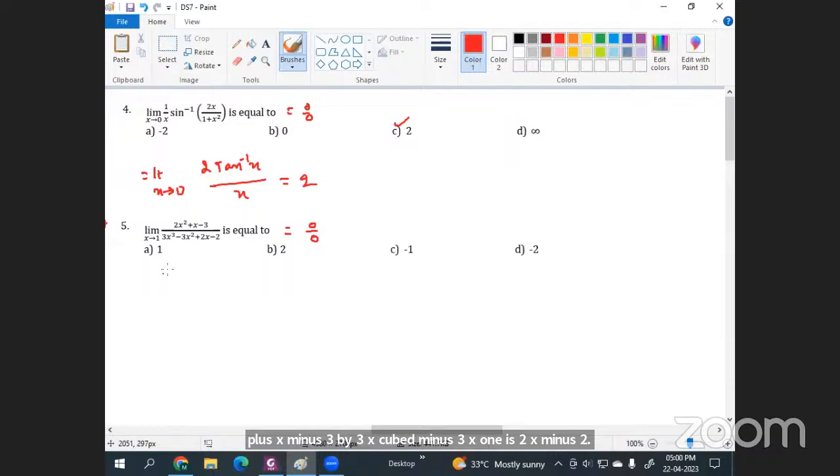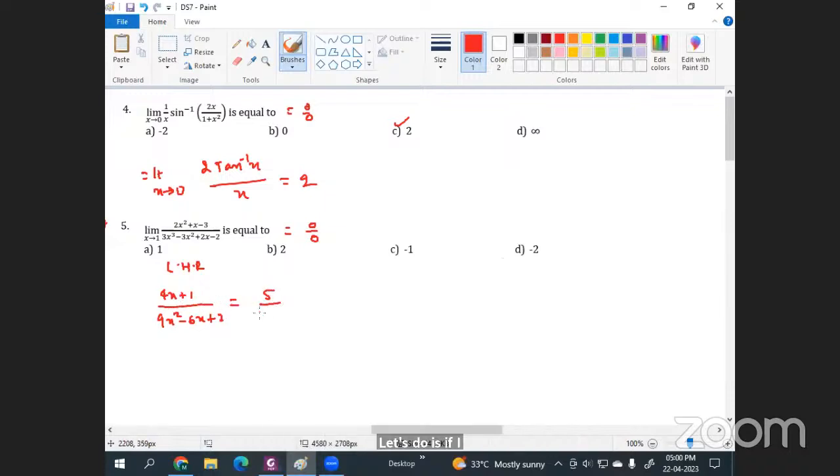Apply L-hospital rule: 4x plus 1 by 9x square minus 6x plus 2. If I substitute 1, 5 by 9 minus 6 plus 2 equals 5 by 5 equals 1. So the first option is the right option.